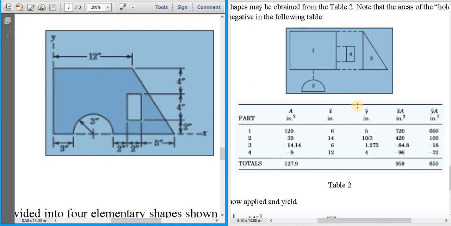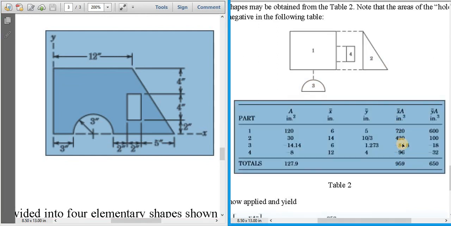Always remember that. So yun, after natin makuha yung Y bar at saka yung X bar, next, multiply yung X bar at saka yung A dito. Multiply yung Y bar at saka yung area dito. Tapos, kunin mo yung total number. Again, take note, area number 3 at saka yung area number 4 is paki-subtract because it is negative.